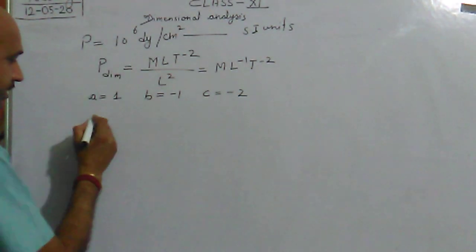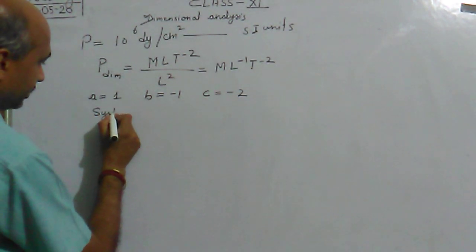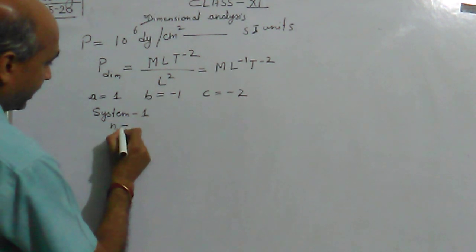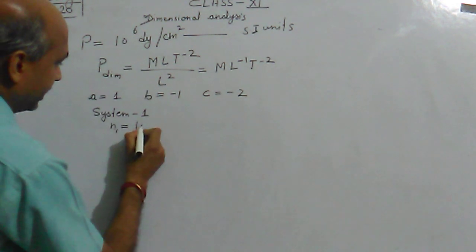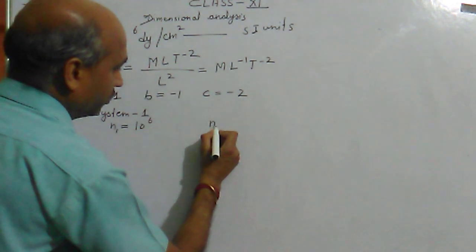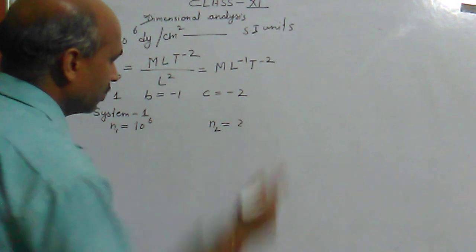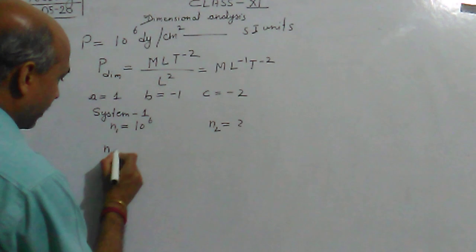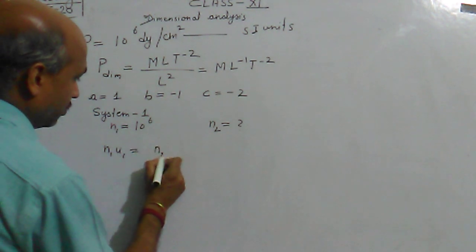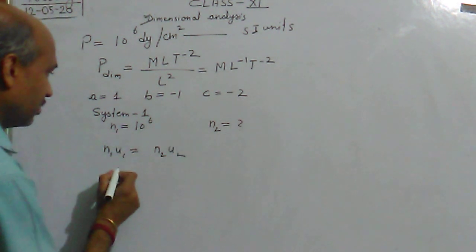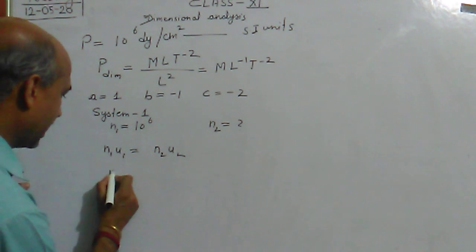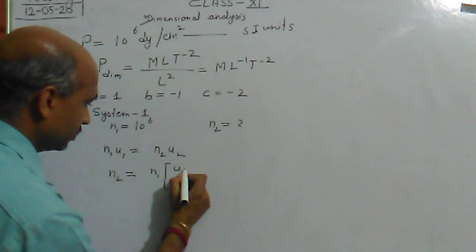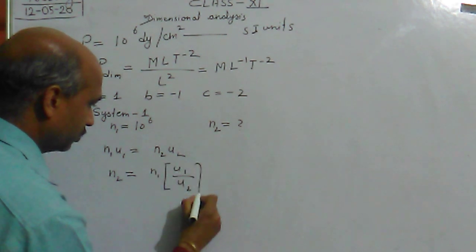Okay, now system 1 क्या है आपका? System 1 है, इसमें n1 कितना है? n1 is given to us. It is 10 की पावर 6 and n2 को find out करना है. Okay, n2 we have to find. Now use n1 u1 equals n2 u2. So the value of n2 निकालना है. So n2 equals n1 times u1 upon u2.